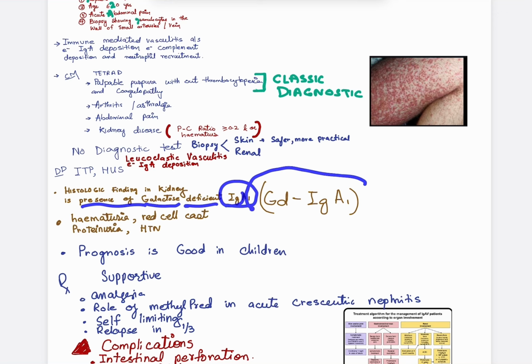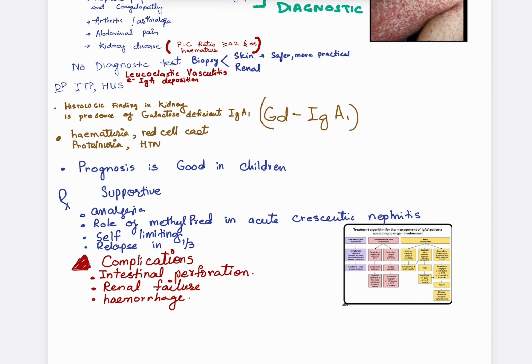So GD-IgA1 would be present. In the workup, you can find hematuria, maybe macroscopic, red cell cast, proteinuria. Patient might be hypertensive. Prognosis is really good in children. It is a self-limiting disease, but in adults there are more complications, especially the renal involvement.